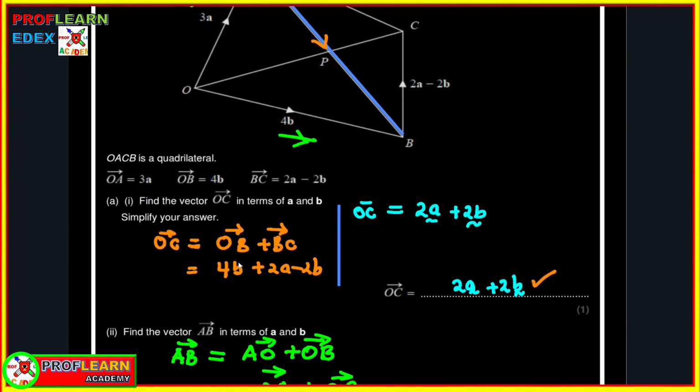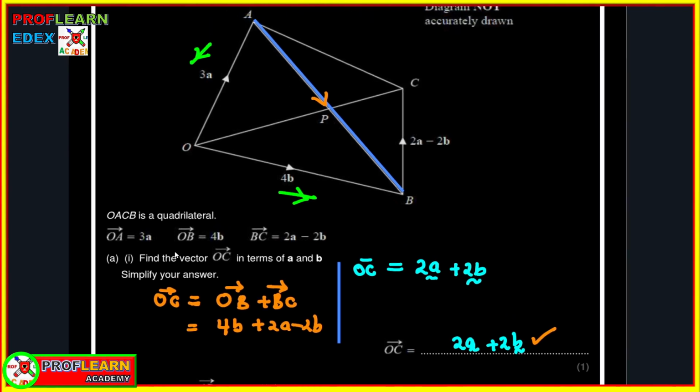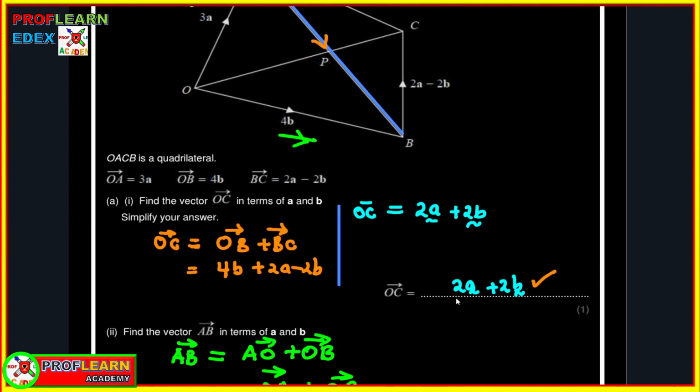So in order to reach OC, we're going to go OB plus BC. That's 4B plus 2 vector A minus 2B. And simplifying this translates to this beautiful answer, which is 2A plus vector 2B. So that is what you are supposed to give in the simplified form.